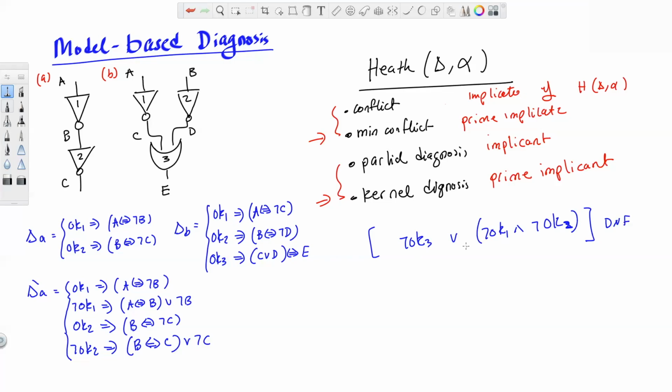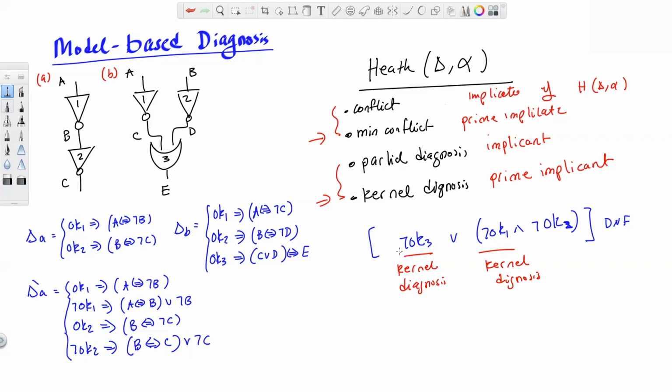And if you look at these, you will find that each one of them is a prime implicant in this particular case. So this is what people will call the kernel diagnosis, and this is similarly a kernel diagnosis. This is a particular form, okay?